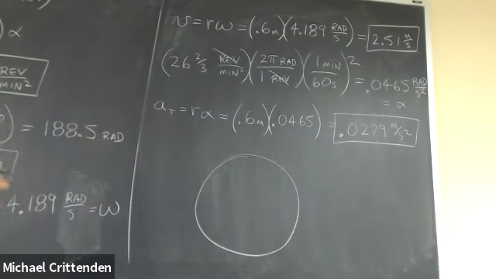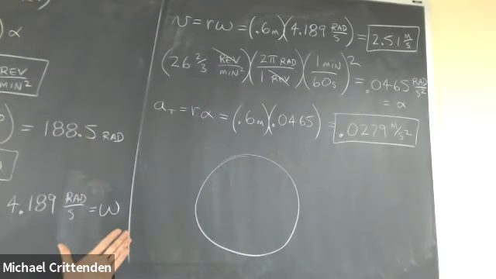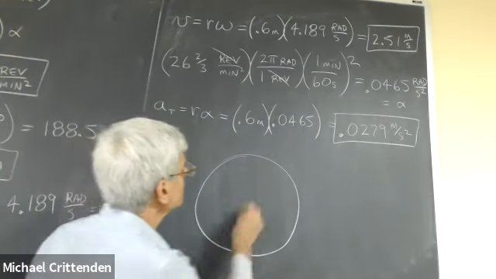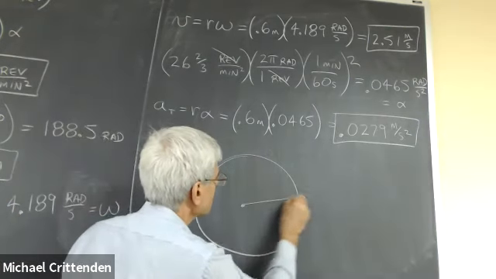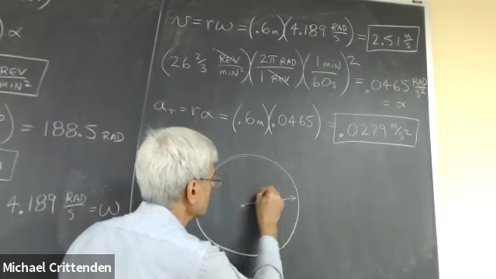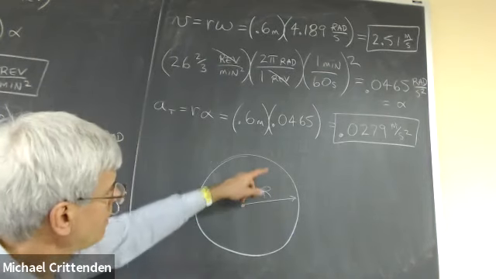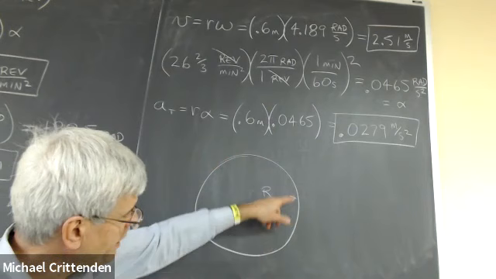A hoop or a piece of pipe would just be a very, very long hoop. If you've got a thin-walled piece of pipe rolling across the floor, all of the mass is at the outside edge.